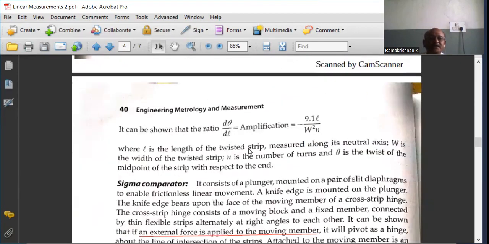Here d theta by dl is the amplification of the instrument, which by experience is given by the empirical formula minus 9.1 L divided by 9 W squared N, where L is the length of the metallic strip measured along the neutral axis, W is the width of the twisted strip, N is the number of turns of the metallic strip, and theta is the twist of the midpoint of the strip with respect to the end. From that we can compare the workpiece with the standard gauge blocks. Thank you.